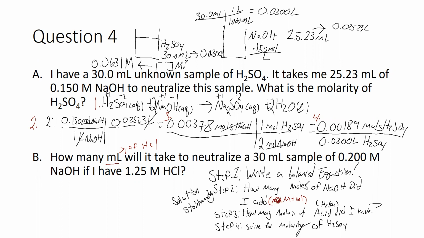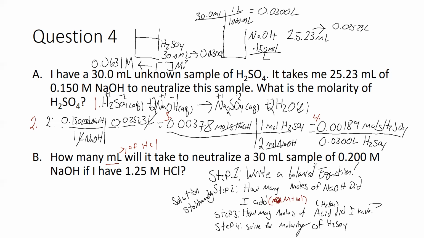With molarities, we can't convert between different molecules. So how many moles of NaOH did I add? That's the same here, because for NaOH in the problem we have both a volume and a molarity.